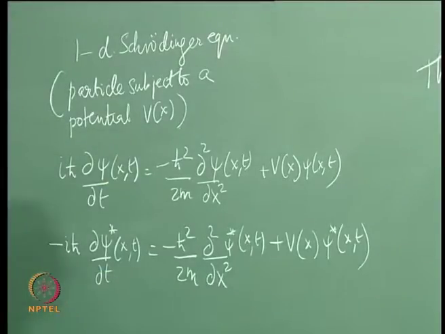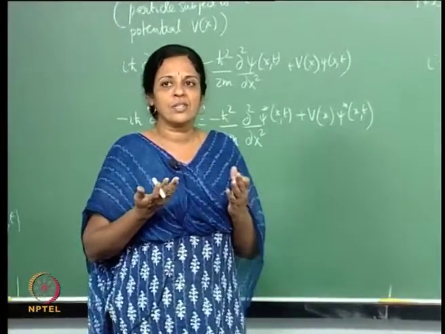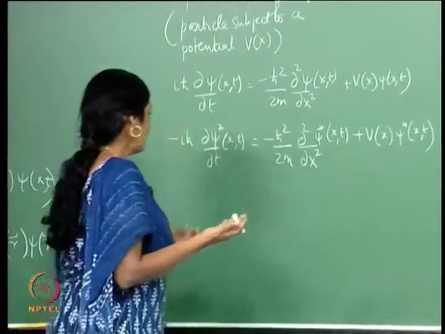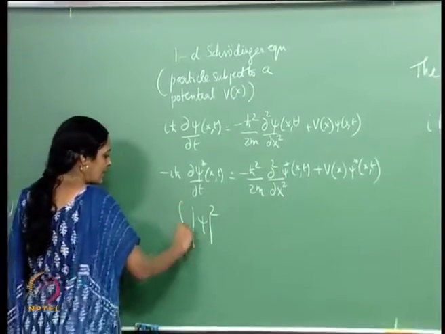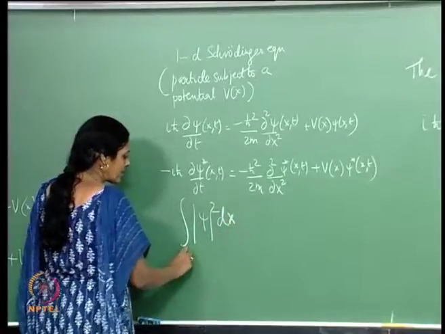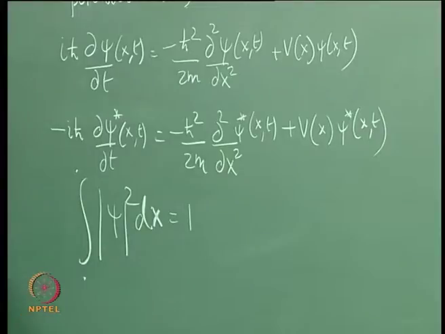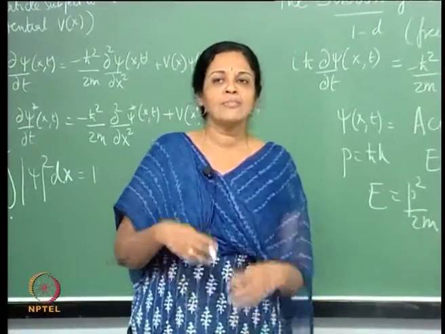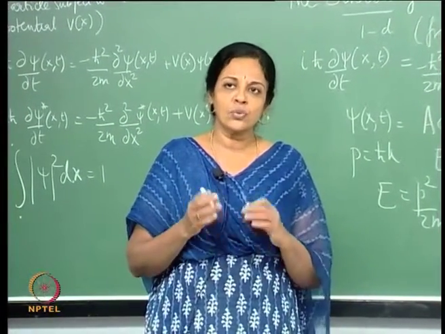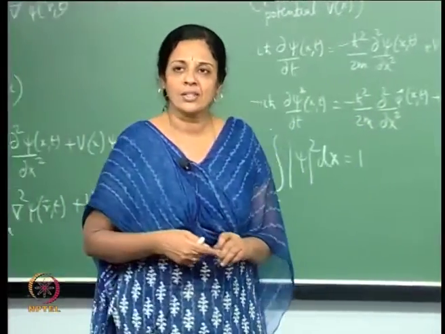Since we are looking at systems where the probability of existence of the system is 1, and mod psi squared is the probability density, we require this between the limits of dx to be 1, that is the total probability to be 1. It is clear that the wave function psi and therefore psi star have to belong to L2, the linear vector space of square integrable functions.